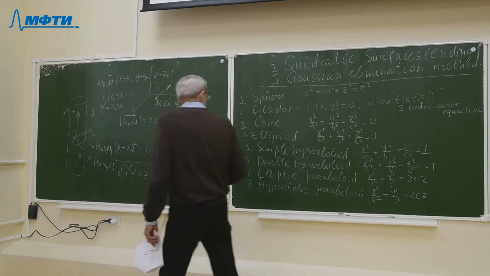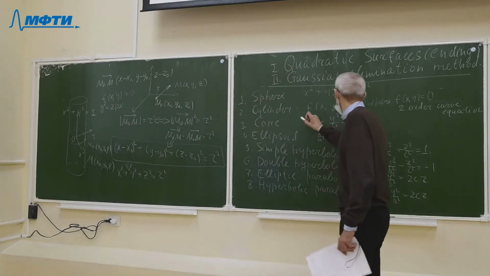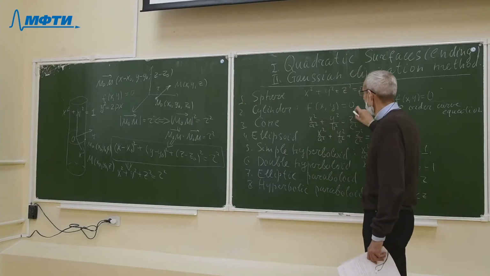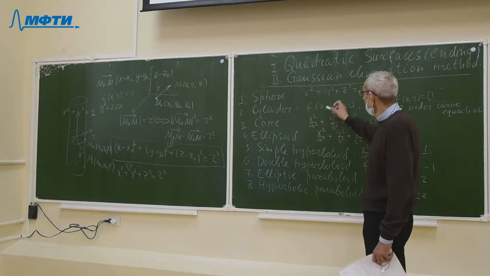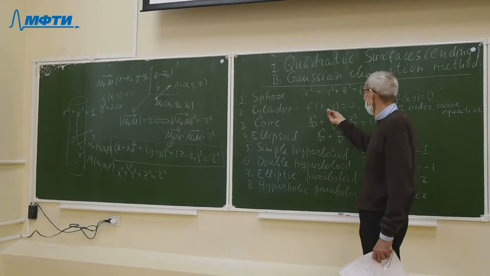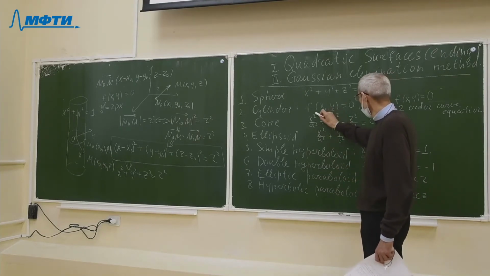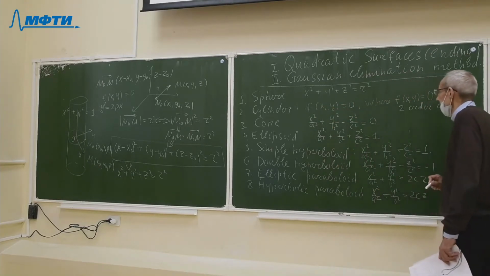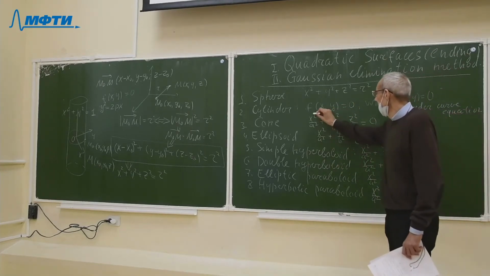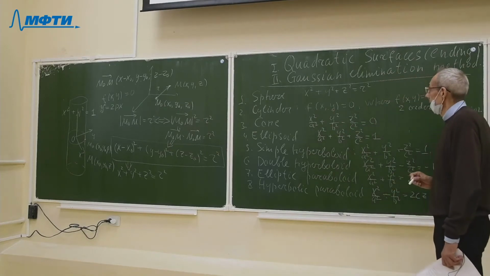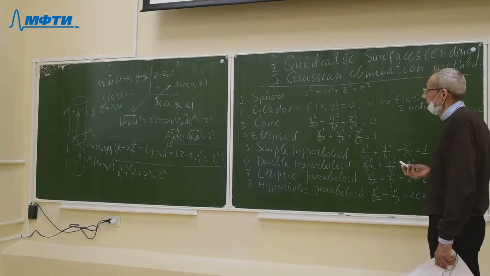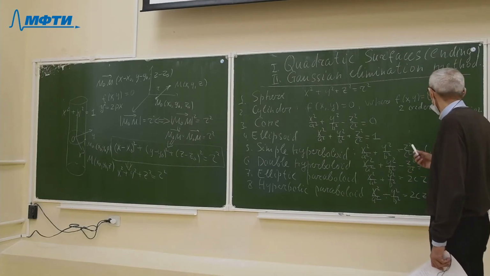And the canonical equation of the cylinder has the following form: f(x, y) is equal to 0, where f is the canonical equation of the second order curve.